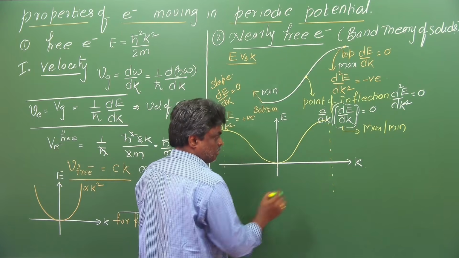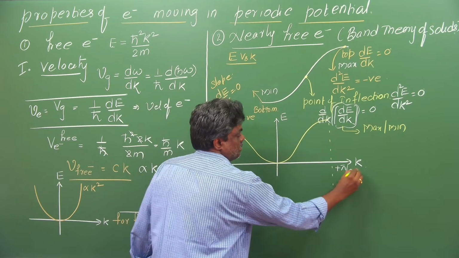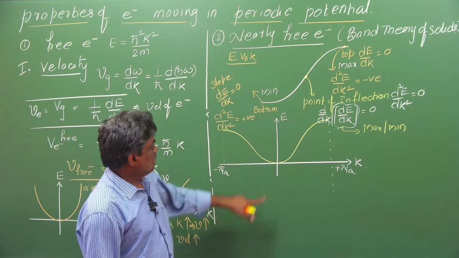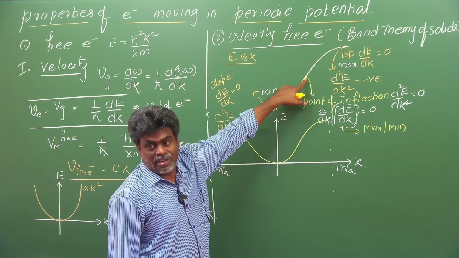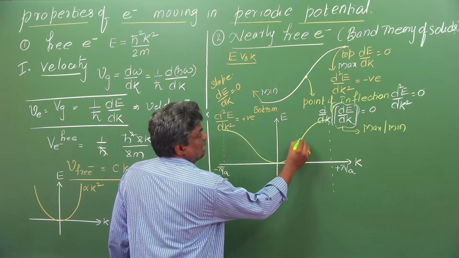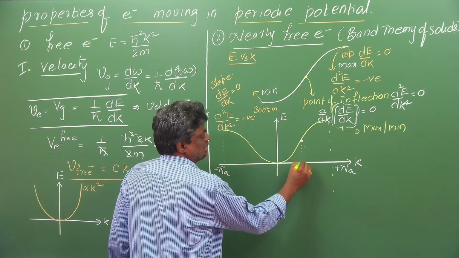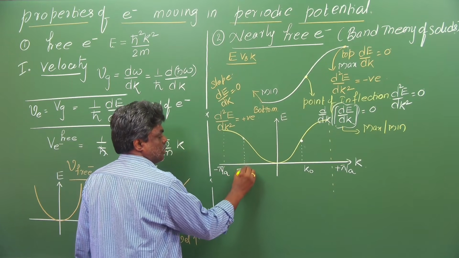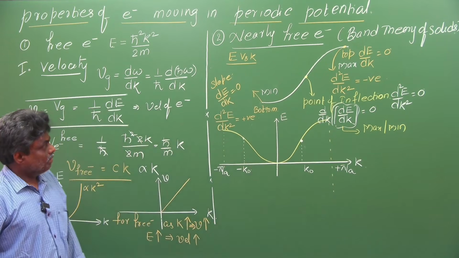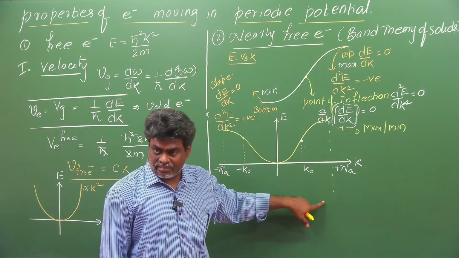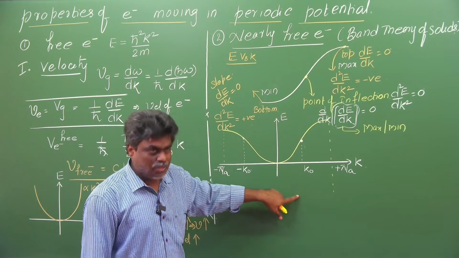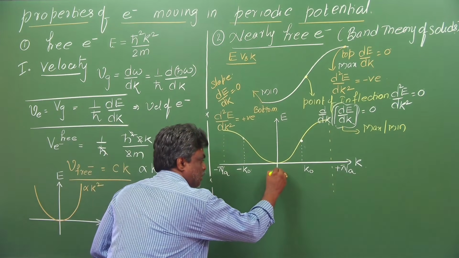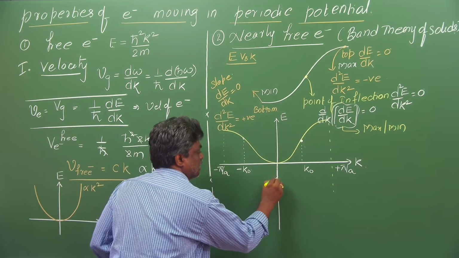Say yes or no. Just now we have seen that on this side we have a point somewhere in the middle, the point of inflection. I am taking it as K naught, and this is minus K naught. Now this is the energy versus K of an electron moving in the periodic potential. Now for this we are going to draw the velocity.